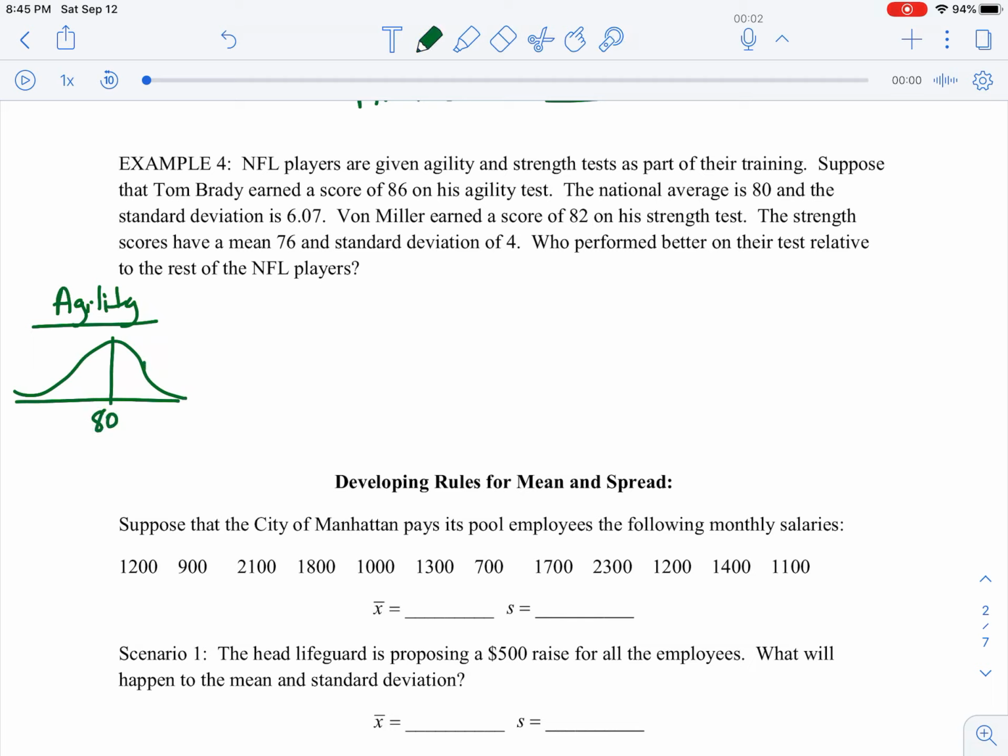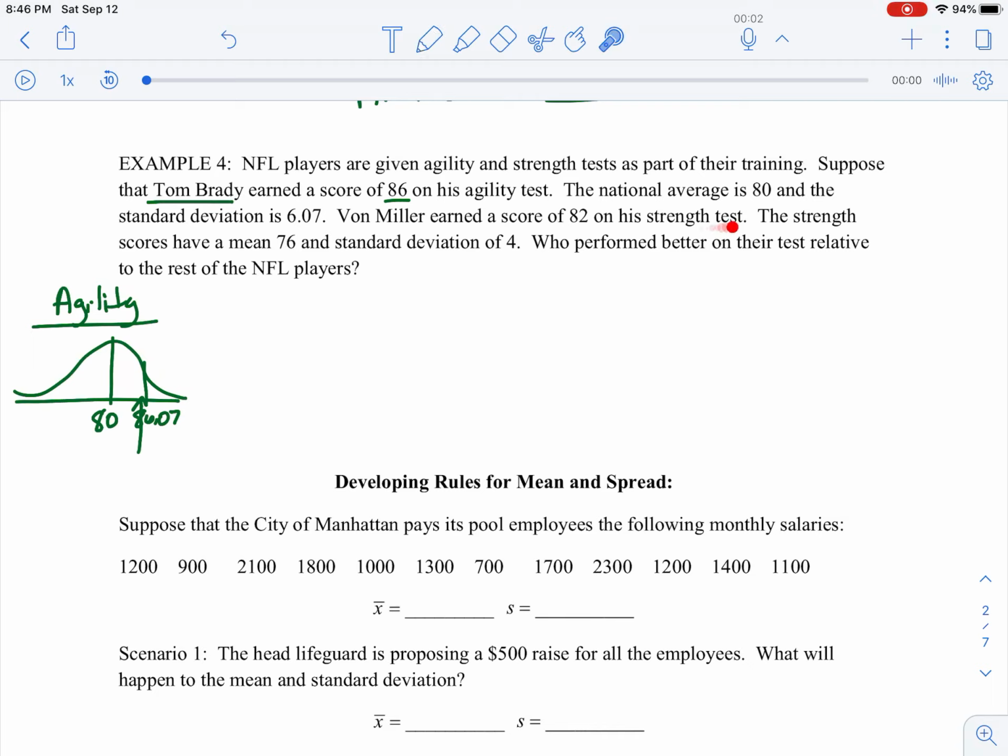Here is the middle, 80. One standard deviation above is going to be 86.07. I know that Tom Brady scored an 86, so Tom Brady is going to be right there.